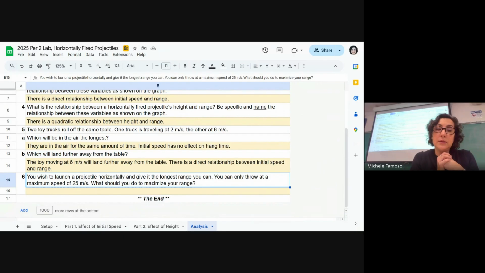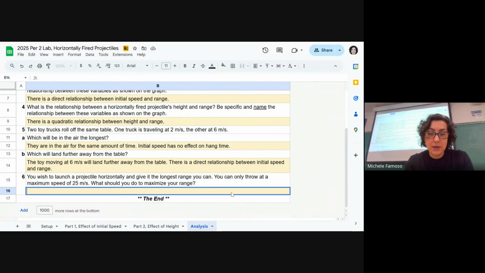Ryder? And what else should you do besides make sure you are launching it from as high up as possible? Which is what speed? Okay, that's correct.